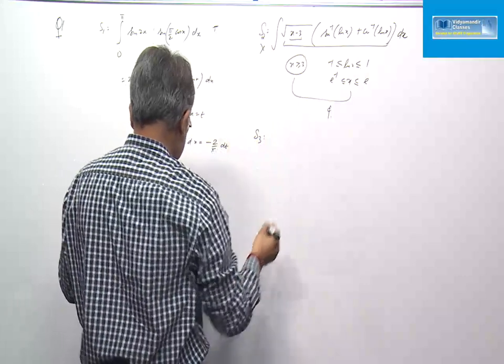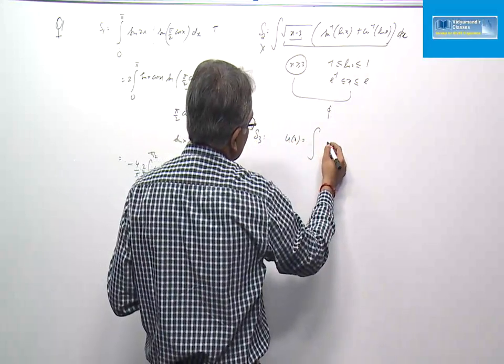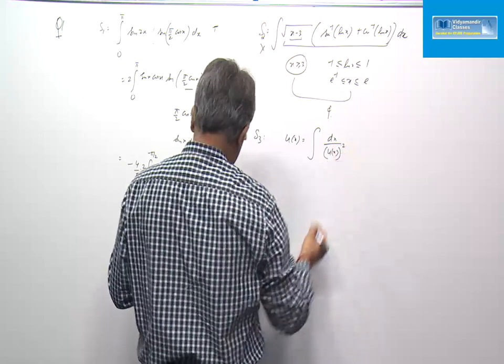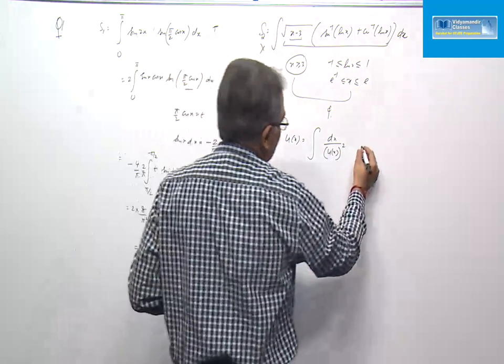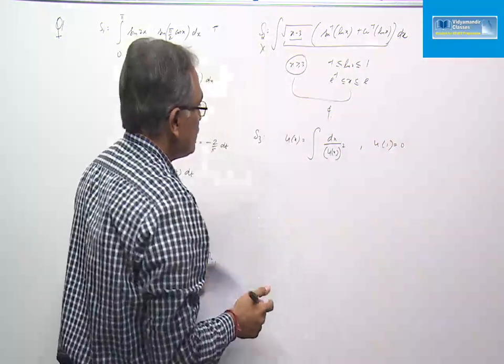What about S3? S3 is u(x) is integral dx over u(x) whole square, indefinite, and a boundary value is given, u(1) is 0. You need to find u(x).